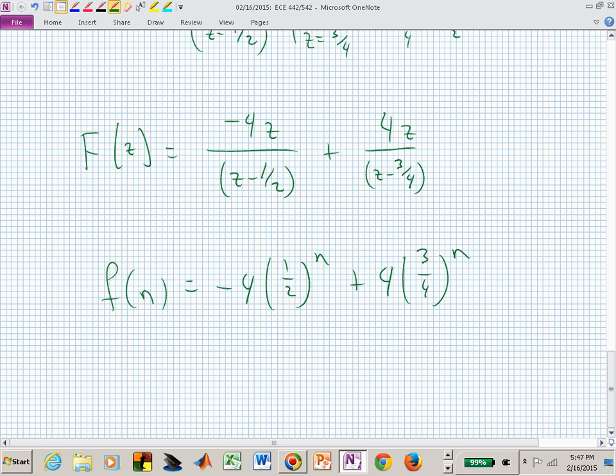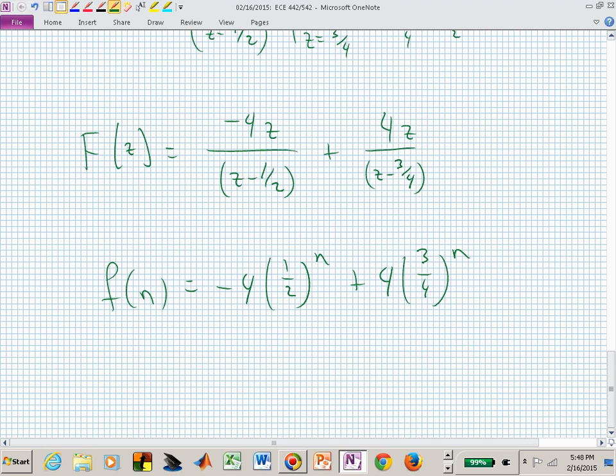What values of n do I have? And how do I know? I use the region of convergence to tell me which n's are valid for this expression of little f of n.